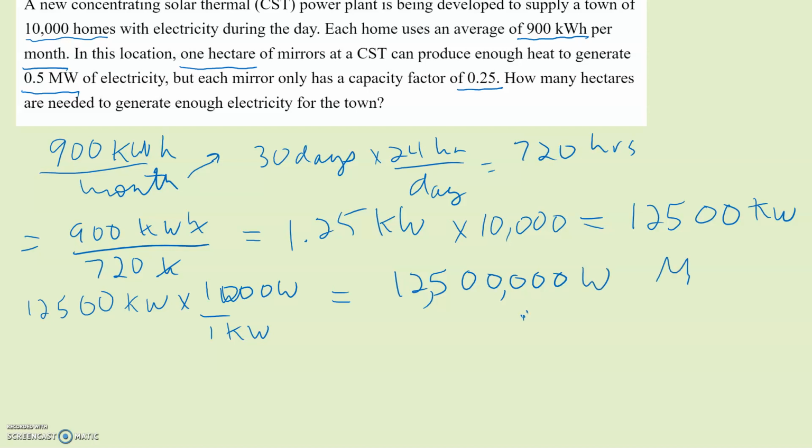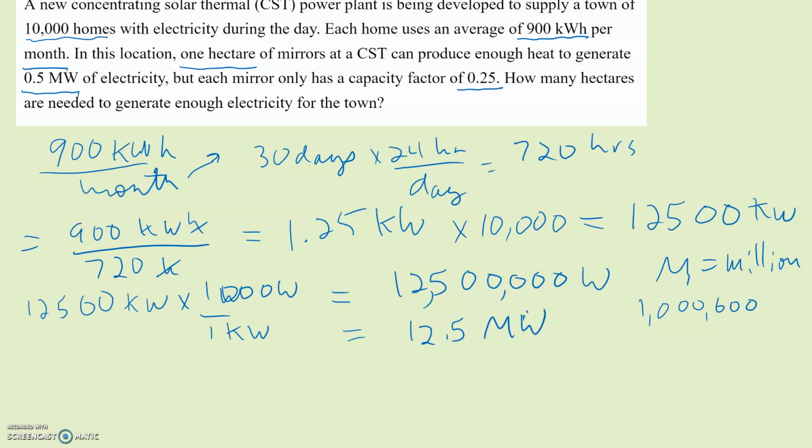Well, mega equals a million, which means we need to divide this by a million, which gives us 12.5 megawatts is the capacity that we need.